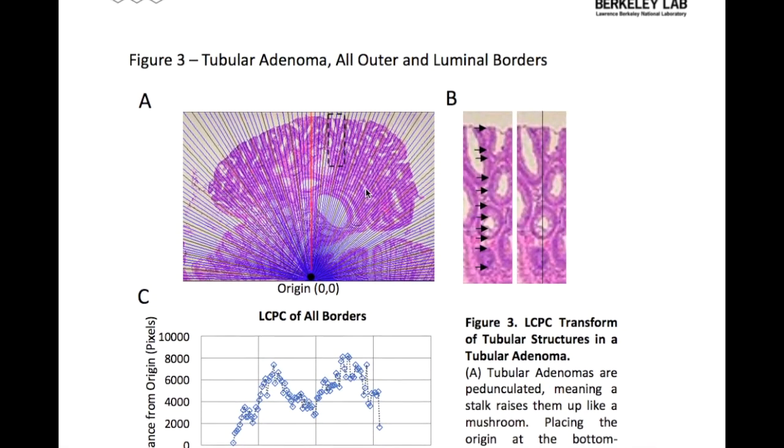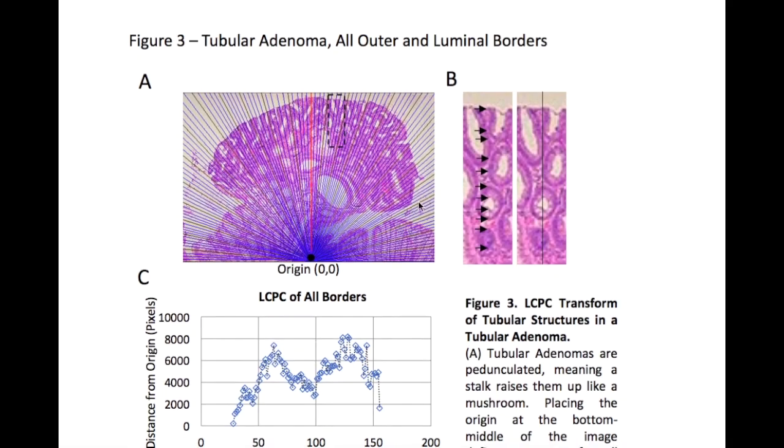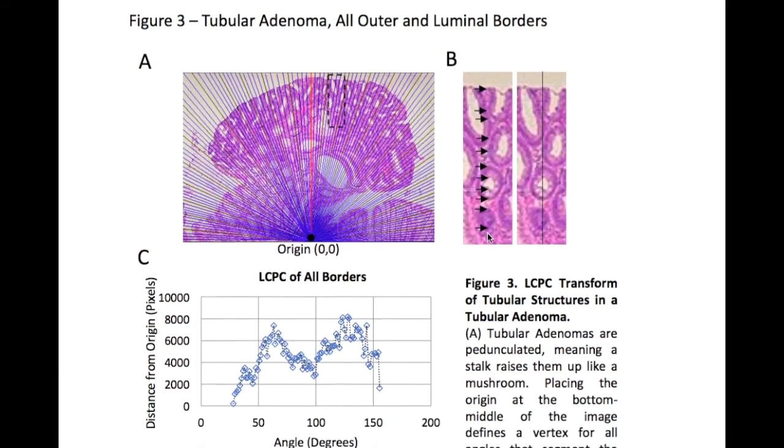In this case, if we wanted to calculate not just the complexity of the outer contour but the complexity of the tubularity of this polyp, what we can do is, for every radial line, track the points that intersect with the outer or inner edge of these tubes. For every point in the line, we add them all together to have one number corresponding to each radial line.